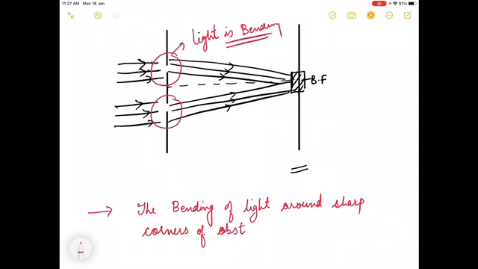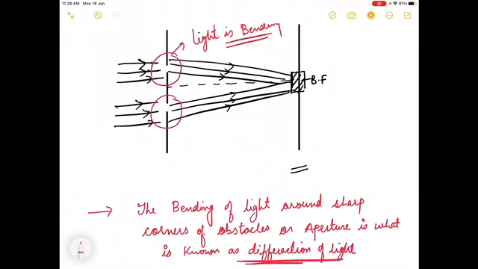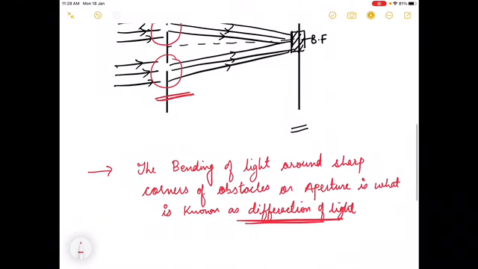That is how NCERT says it. This bending of light is what is termed diffraction of light.